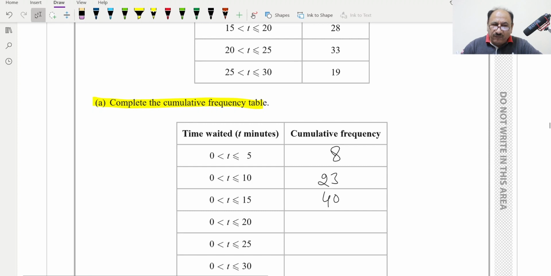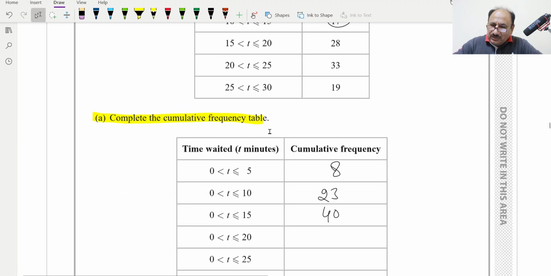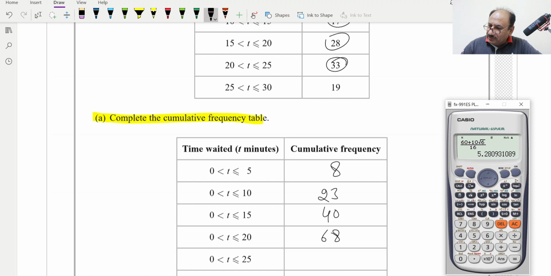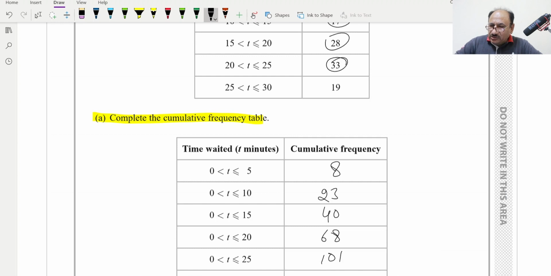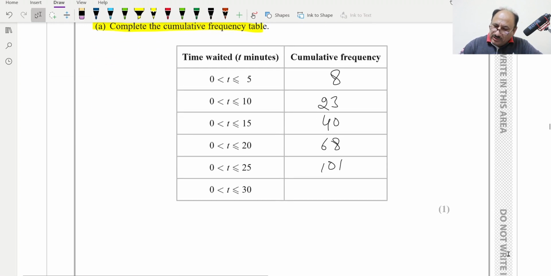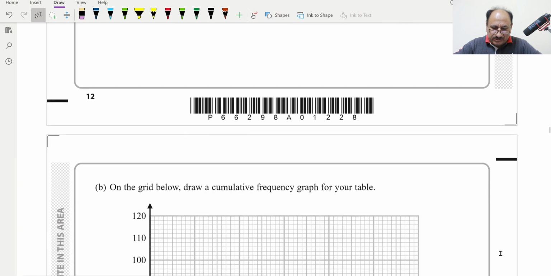Then 40 plus 28 will be 68. Then 68 plus 33 will be equal to 101. And 101 plus 19 will be equal to 120. So we have completed the cumulative frequency table.